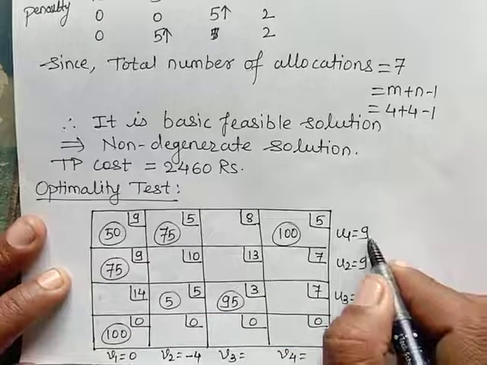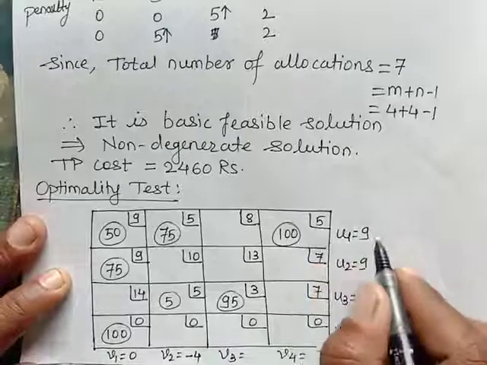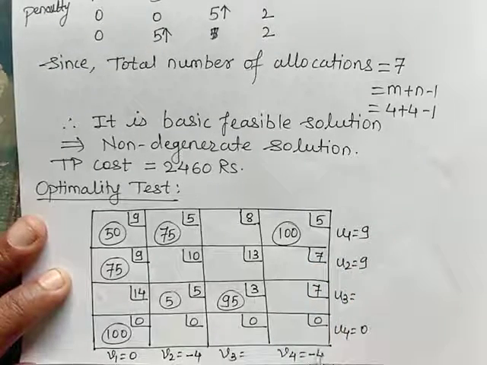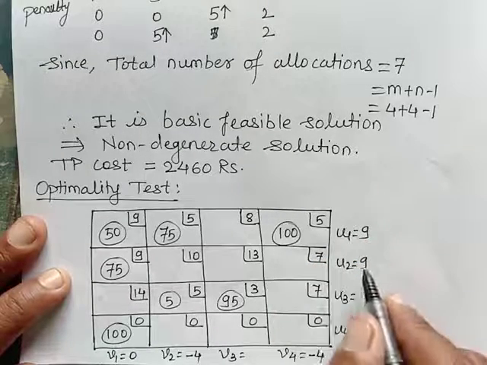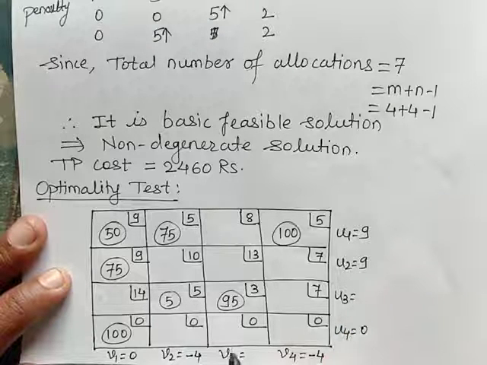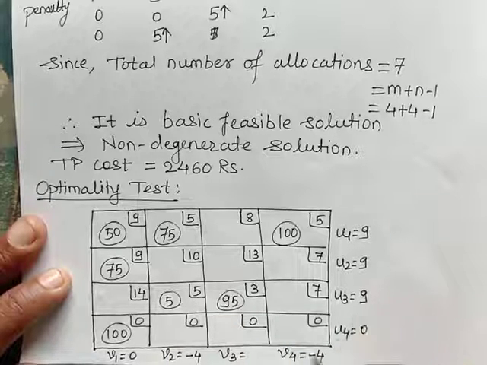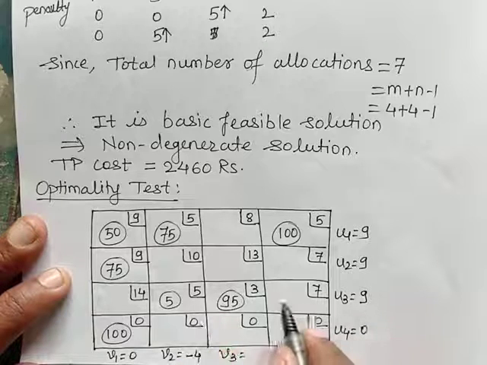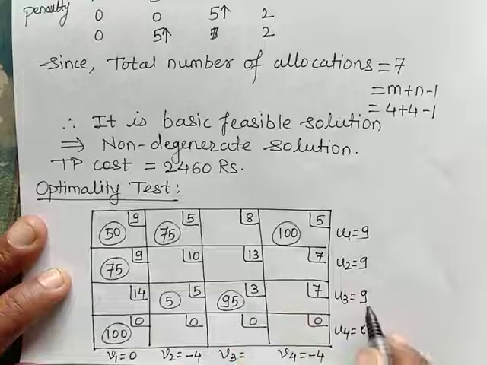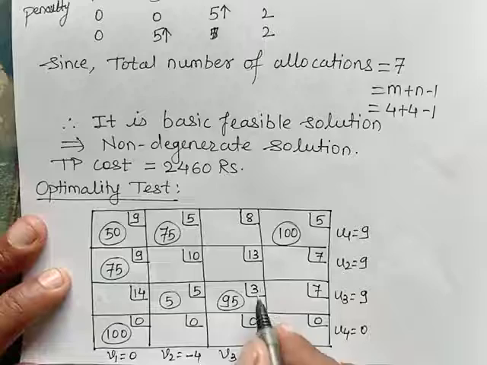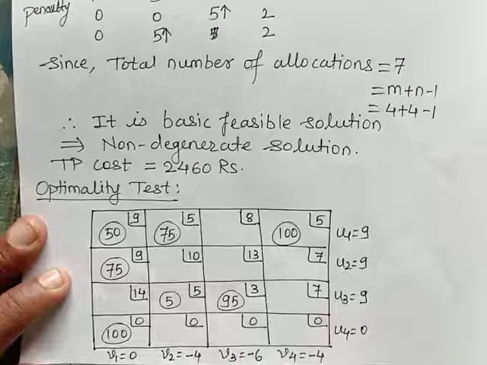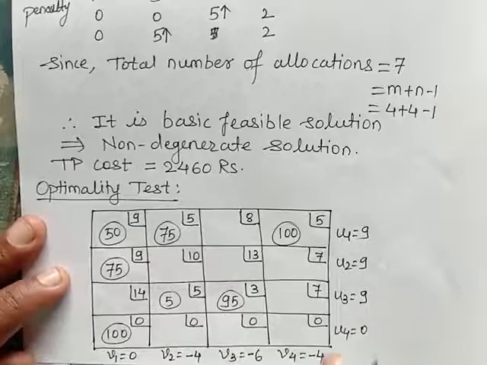Remember these things now. Again, this is minus 4, this is 5. So again here 9, 9 minus 4 is 5. So this is 9 and this will be 3, so 9 plus what will be 3? So minus 6.